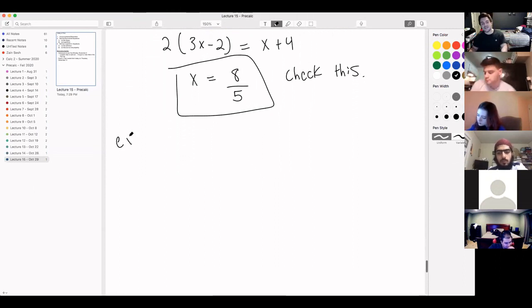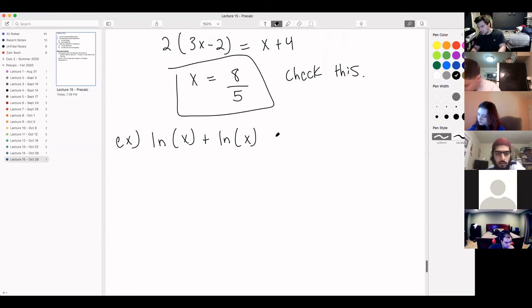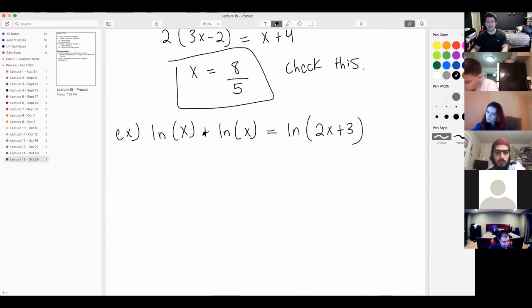All right, last example, kind of a fun one. Example: natural log of x plus natural log of x is equal to natural log of 2x plus 3. Okay, again, we need to make the left side one logarithm.